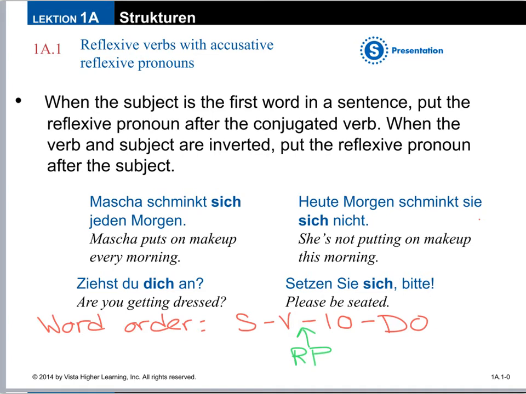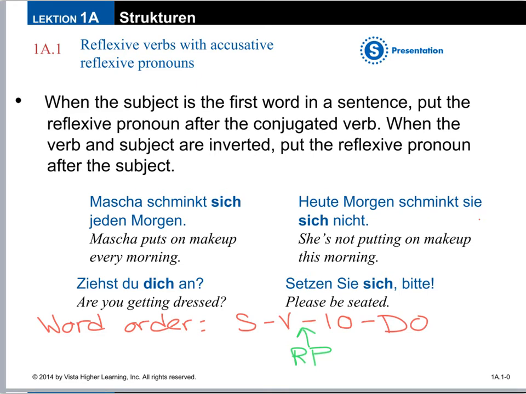If we have a verb with a reflexive pronoun, that reflexive pronoun comes right after the conjugated verb. If for some reason we have a question and we put the verb first to form a question, that's the only thing that changes. You would switch up the subject and the verb. So they would switch places. Verb, subject, and the reflexive pronoun stays put.